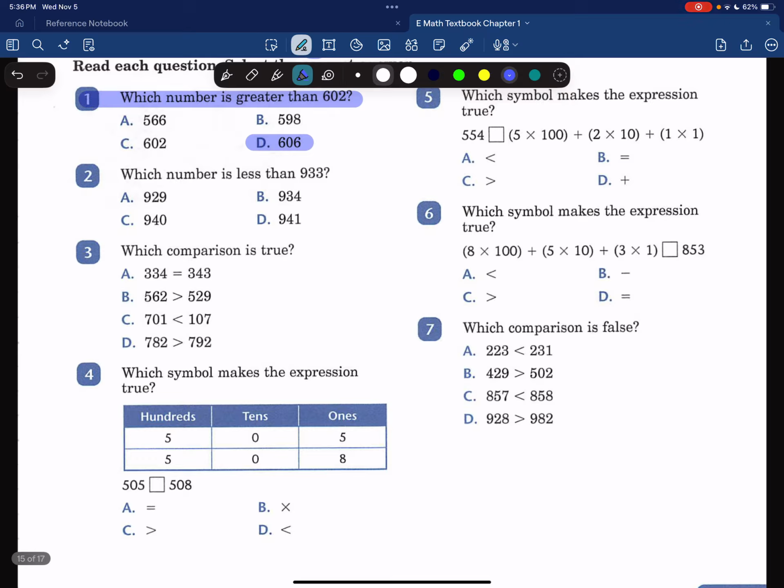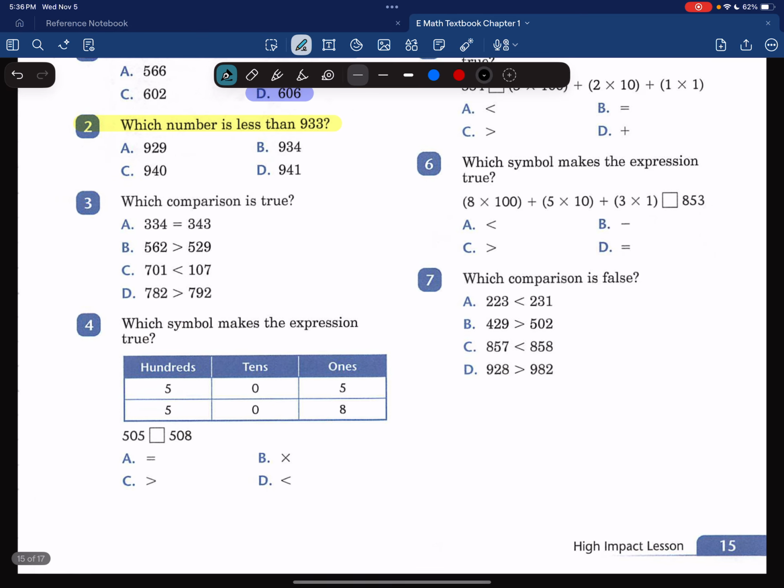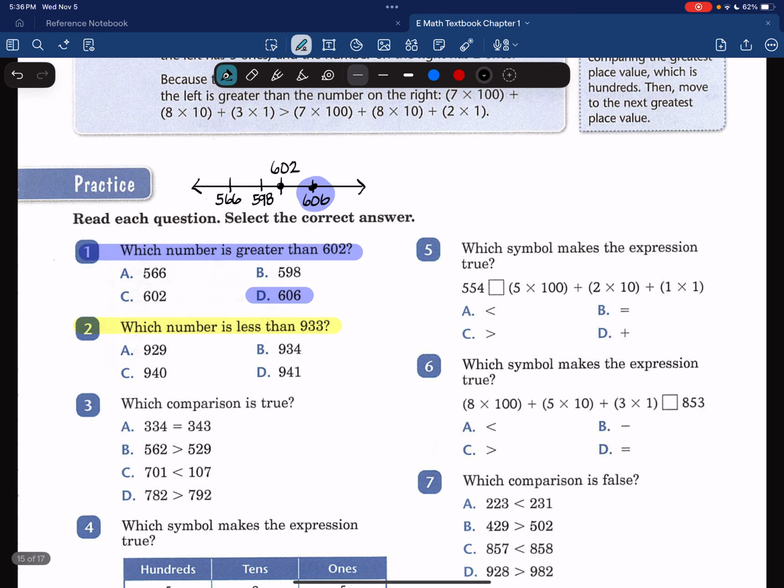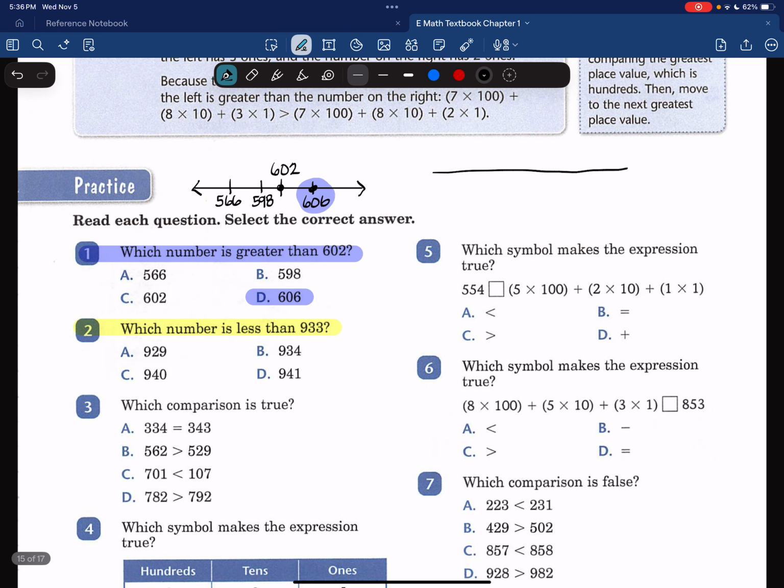Number 2, which number is less than 933? Again, a number line would be very helpful. And let me try, I'll just put it right up here. I don't have a lot of space. Scrap paper is my friend. But on the computer, I don't have the luxury of scrap paper. So let's put our 933 down. And then we have 929.